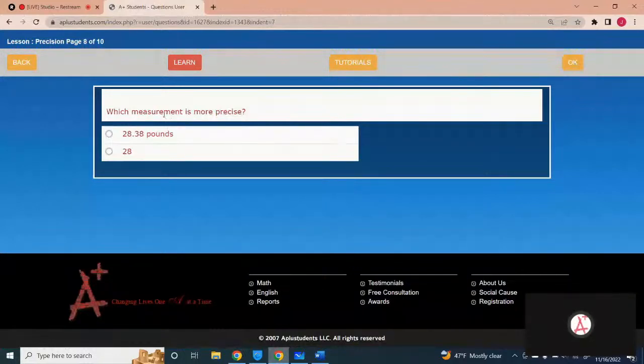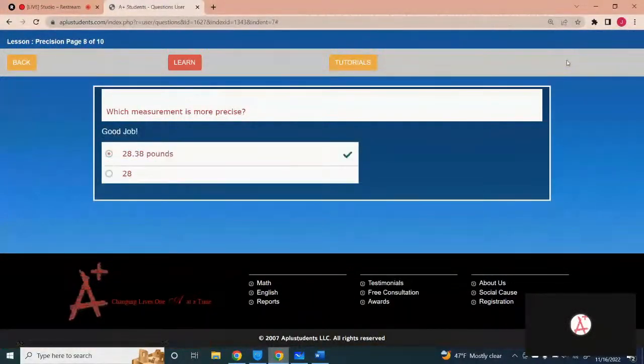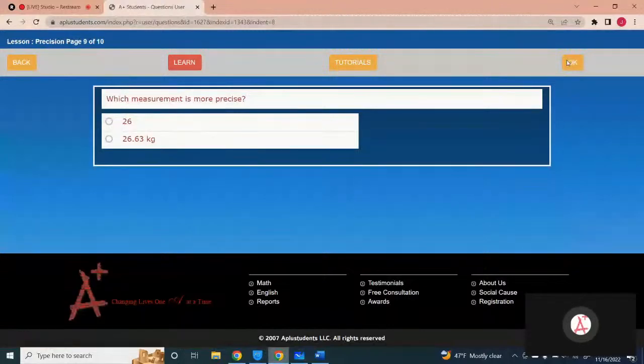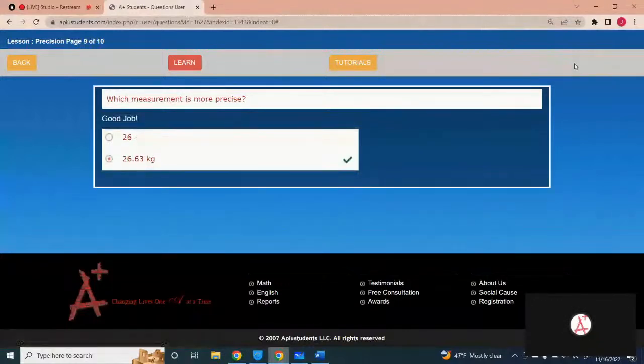Yes, it is 28.38 pounds. Okay, the next one is which measurement is more precise? It would be 26.63 kilograms. Just select the correct option and then click on the OK button.